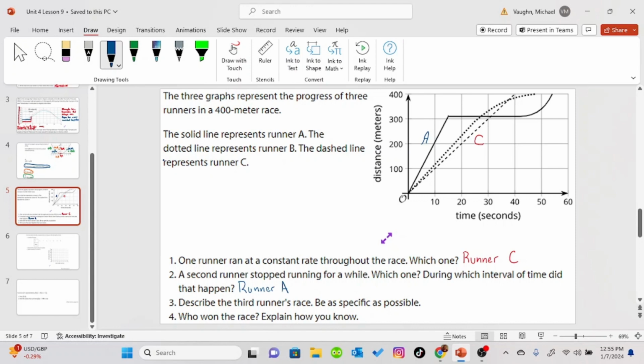During which interval of time did that happen? That happens from this point right here, which is about x equals 15, when the distance is approximately 310 meters, and we don't see it start to increase again until here, which is approximately 44 seconds, and the distance is still approximately 310.